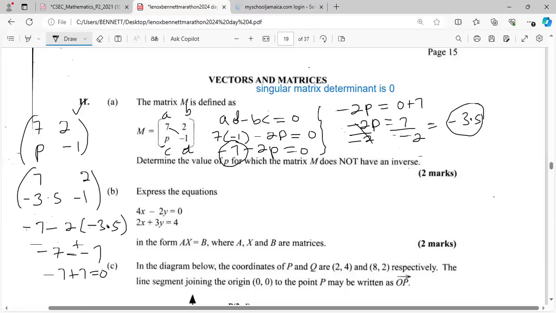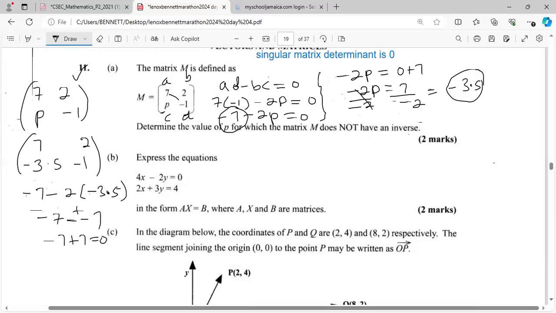All right. So this one now, B says: express the equations 4x minus 2y equals 0 and 2x plus 3y equals 4 in the form AX equals B, where A, X and B are matrices. So guys, I just wanted to rewrite it in the matrix form, and I give you 2 marks. But for practice, I'm going to ask you to just solve the simultaneous equations.